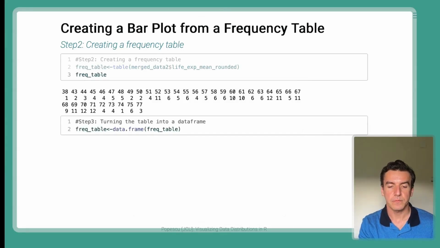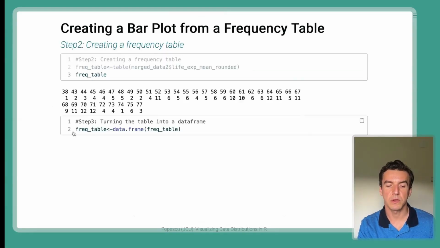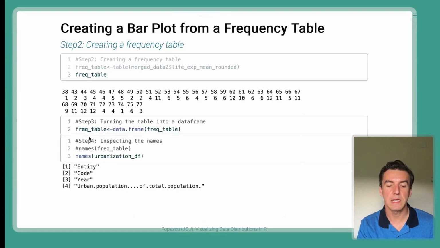Okay, so let us turn this into a data frame because this is just a table object. As we know already, we can simply do this by writing data.frame. This is going to allow us to see our data frame on the right-hand side.